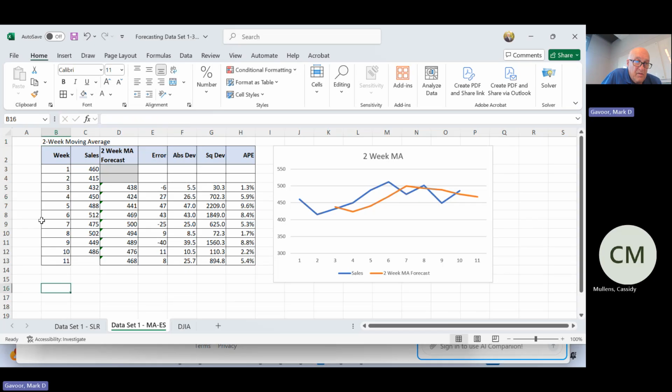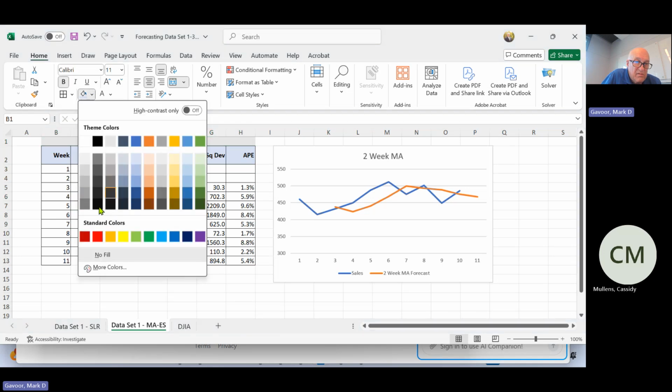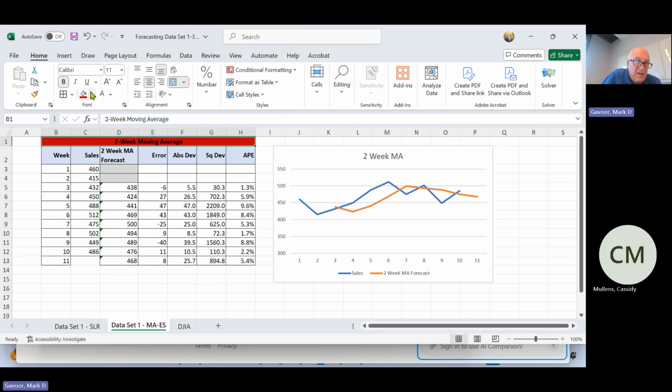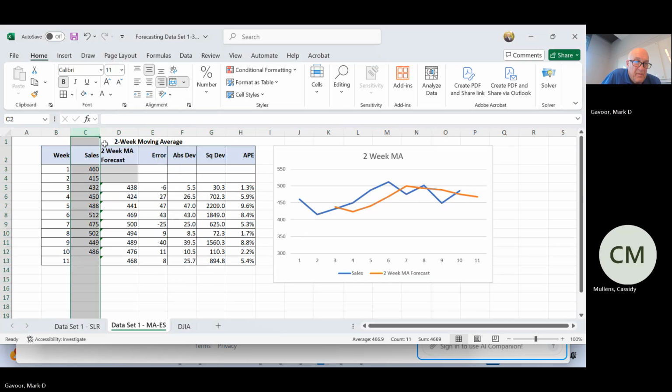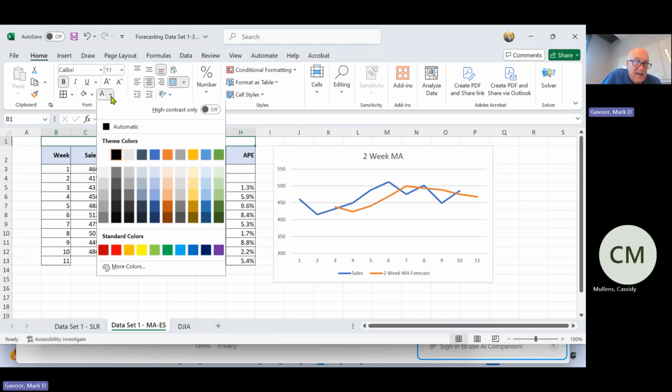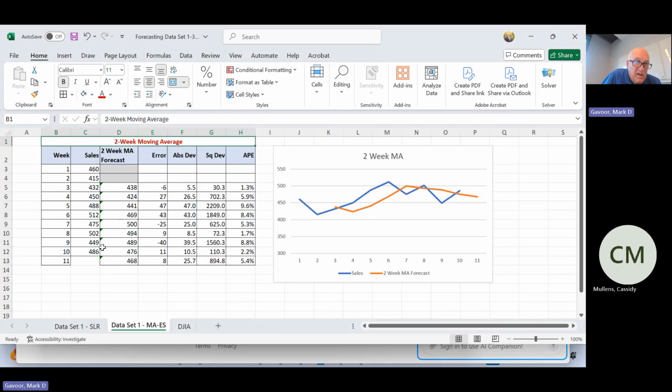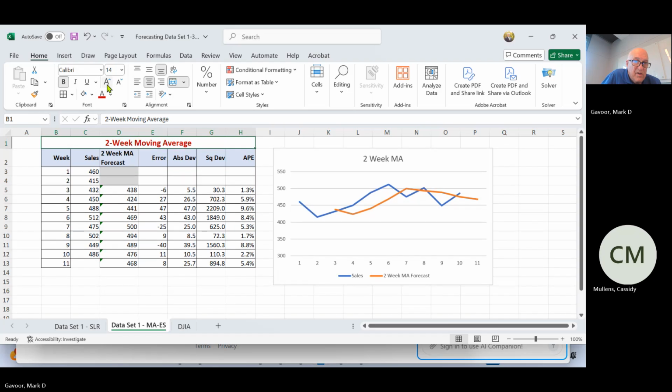And let's say I highlighted all this way across and I merged the cells. And I made that bold and I made it that red color. Oh, that's a fill. I don't want fill of the red color. But I want the text to be that red color and bold, and I want to make it bigger. Okay?